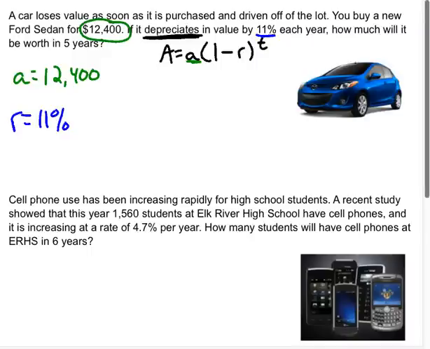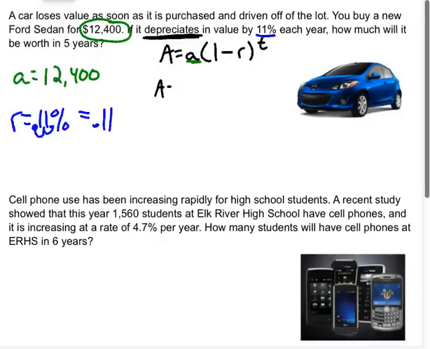However, remember, we can't use a percent. We need it as a decimal. If you take that decimal place and move it 2 to the left, that'll change it into a decimal for you. Or if you just take 11 and divide it by 100, either way is going to give you that value, 0.11.